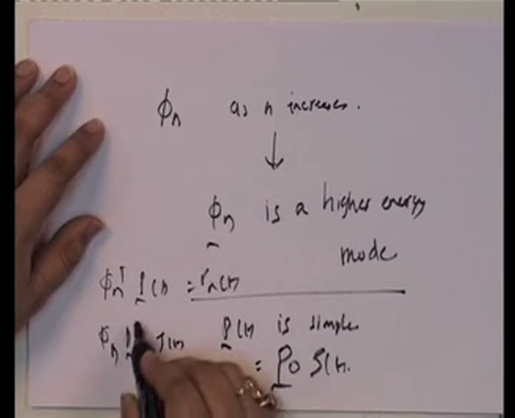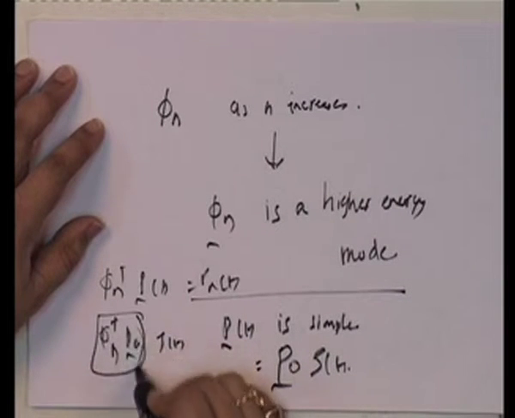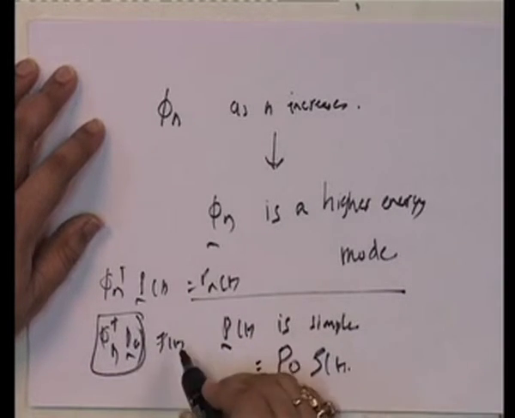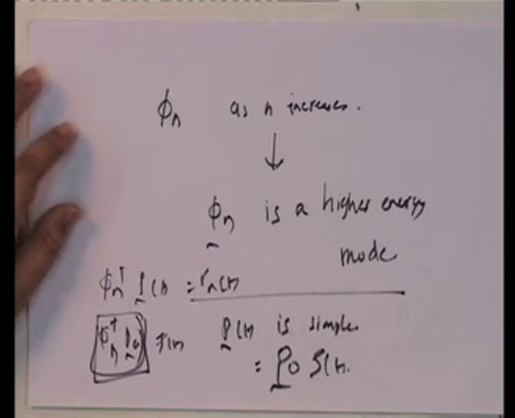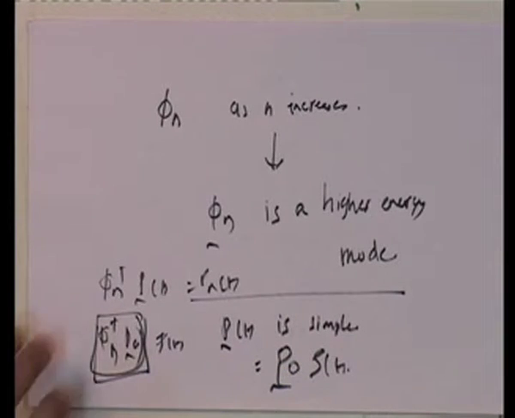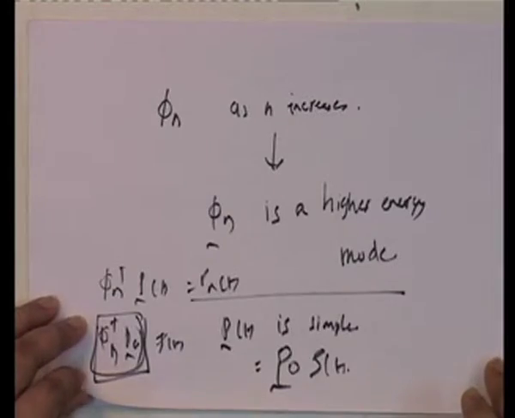So, essentially the phi n transpose P 0, which is independent of xi of t, is what we need to look at. As you get a higher energy mode, the mode shape vector also has more and more nodes. We will tell you what that means.